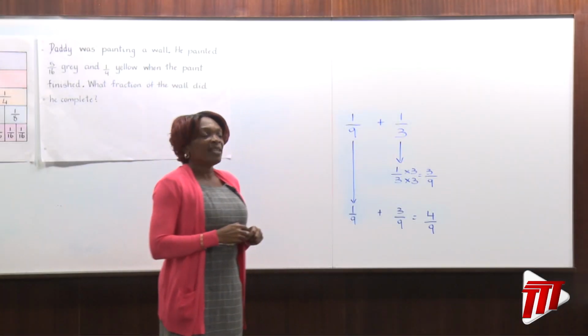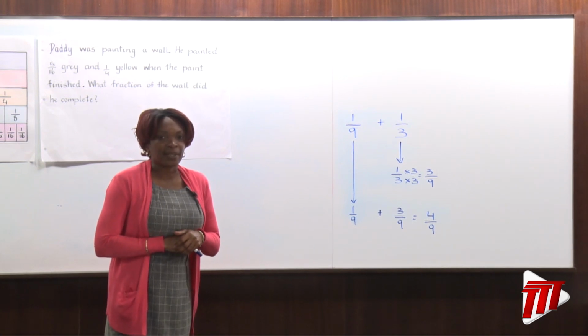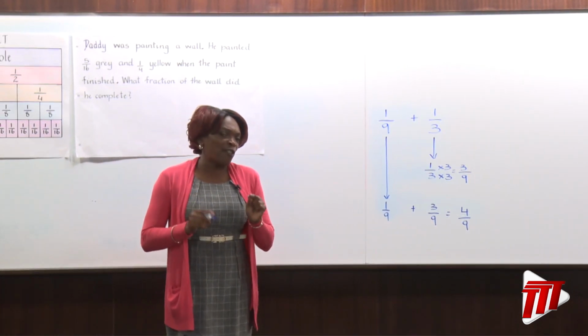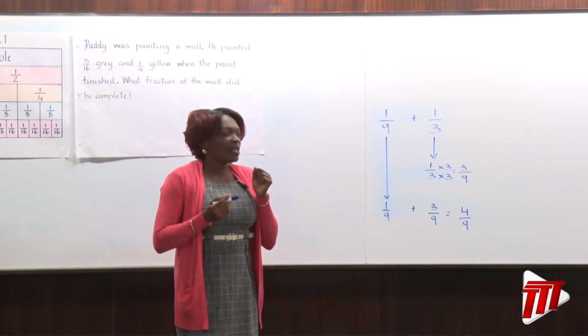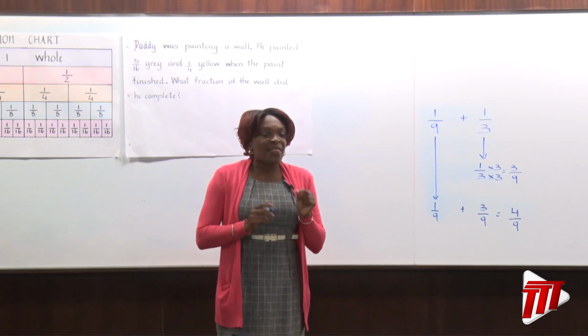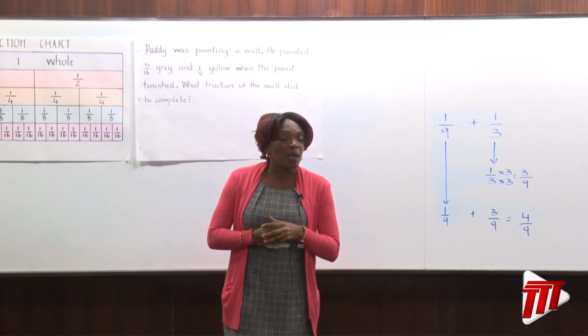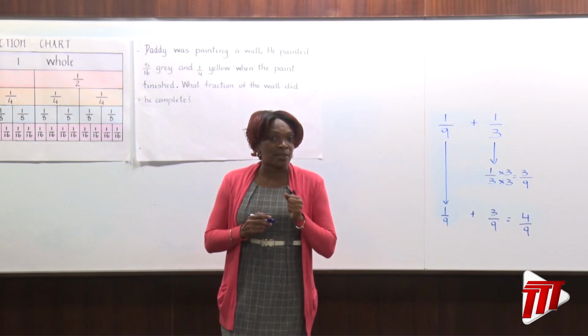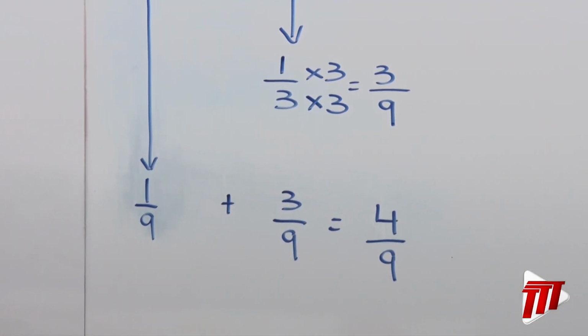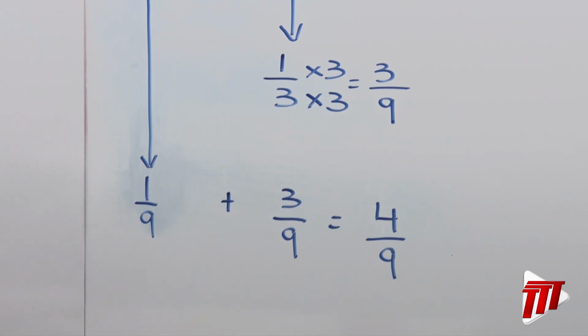Our answer is 4/9. Remember, we cannot add fractions with different denominators. We need to ensure that our denominators are the same before we add our fractions. When one is a multiple of the other, we just make it into equivalent fractions and then we proceed to add.